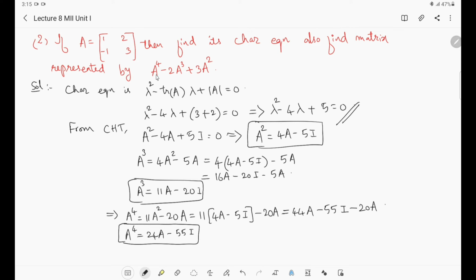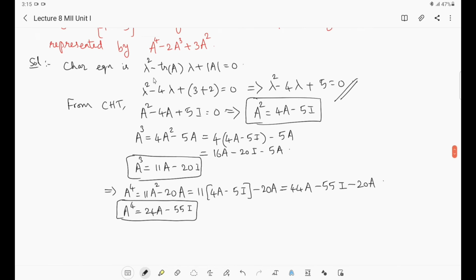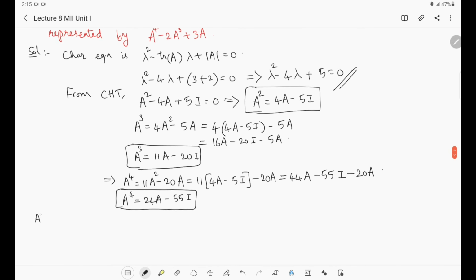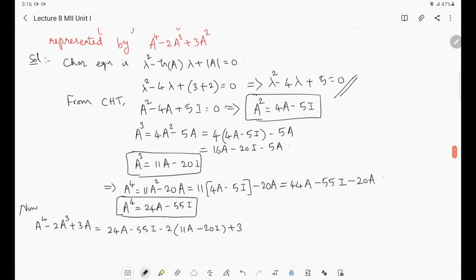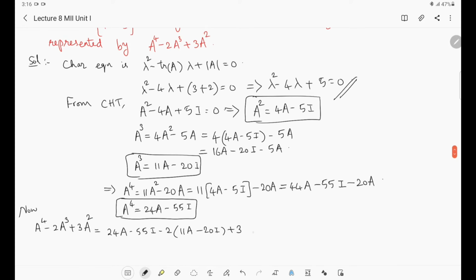Now we will evaluate the matrix represented by this. What do we have to find? A to the power 4 minus 2A cubed plus 3A squared, which is equal to, what is A to the power 4? Just now we have computed, it is 24A minus 55I, minus 2 into A cubed. What is A cubed? 11A minus 20I, then plus 3 into, sorry, it is A squared here, so 3 into A squared.